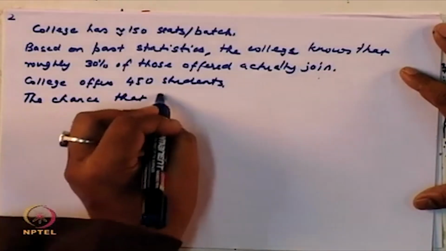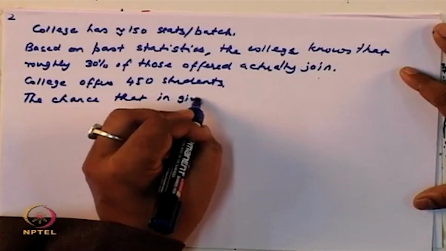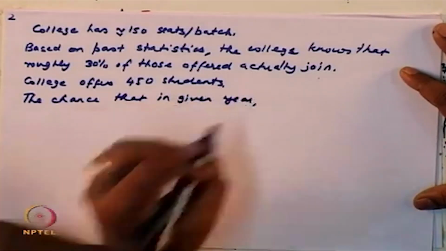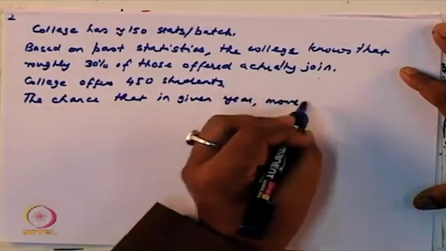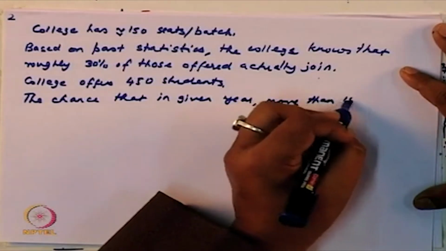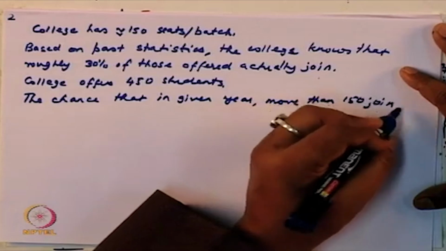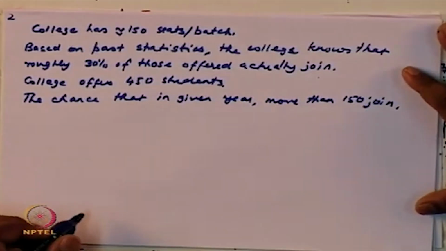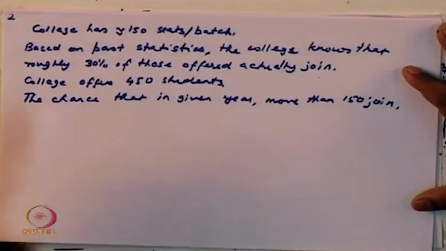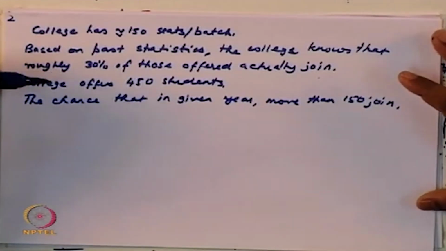more than 150 join. So, in this case you can make use of binomial random variable.